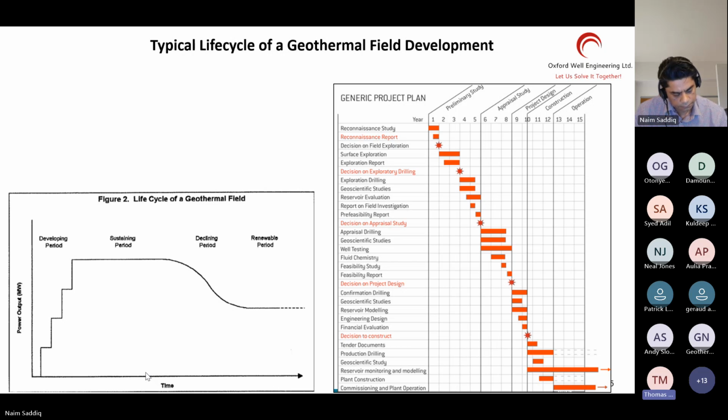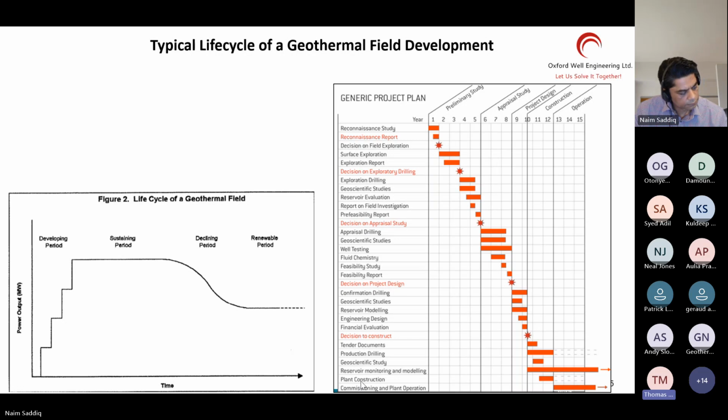And the first step is always reconnaissance, kind of looking around or studying aerial maps, field study, just to ascertain that there are signs of this resource. After this, if the signs are very good, then exploration is done. And this is either surface exploration or subsurface exploration. Usually we start with surface exploration and then we move to subsurface exploration.